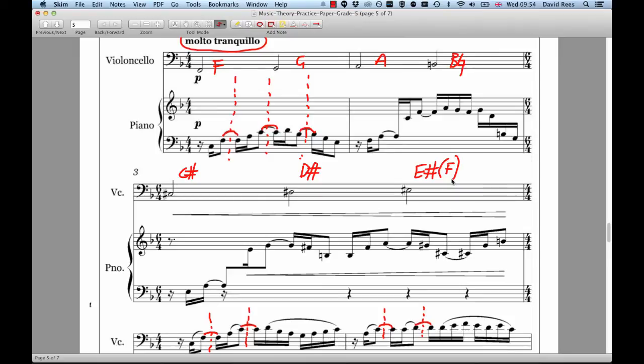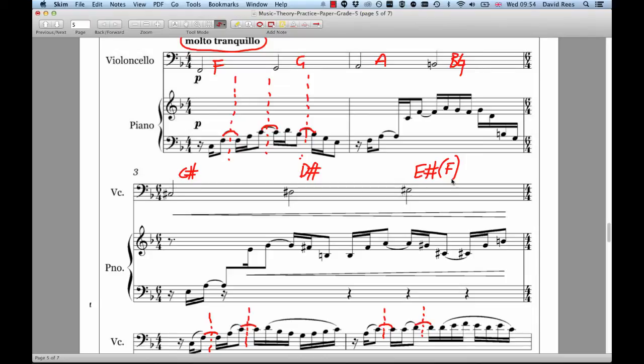There's not much of a difference, but in the music they've decided to write an E sharp for some reason. Maybe that helps us work out what scale we've got here, because if that's an F, really this scale only has 1, 2, 3, 4, 5, 6 steps, and normally a major or minor scale would have 7 steps. So it's making me think that this is some kind of less common, more unusual scale that we're dealing with here.